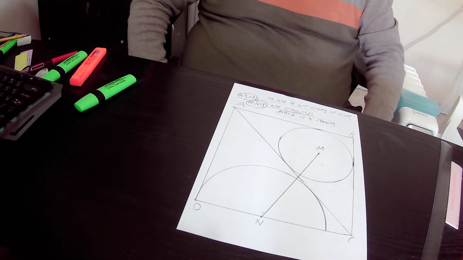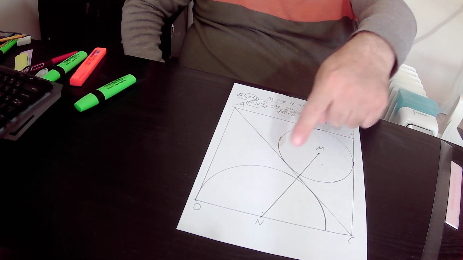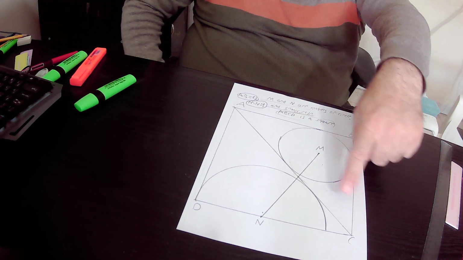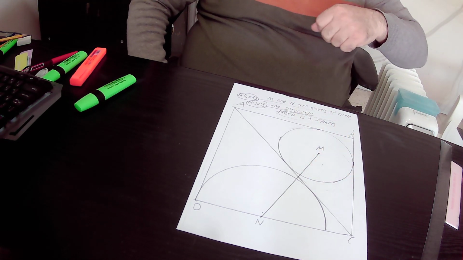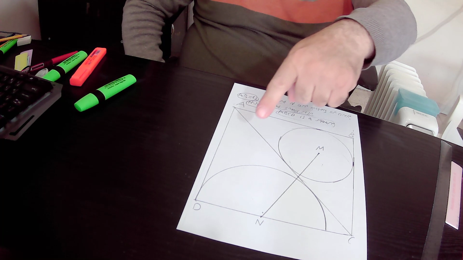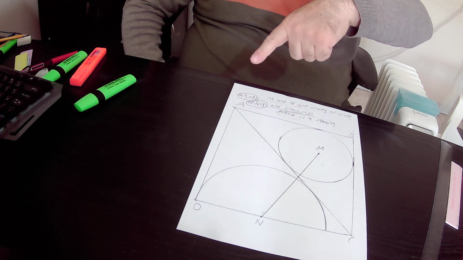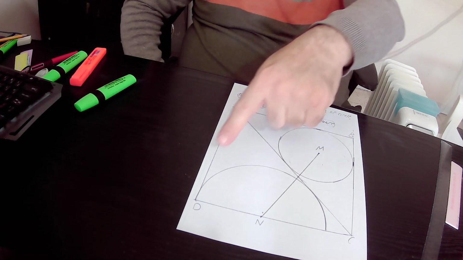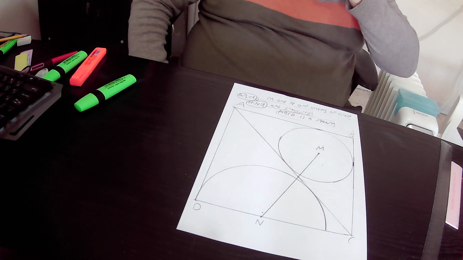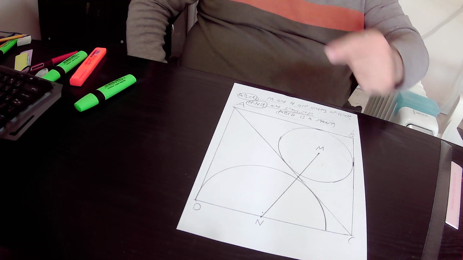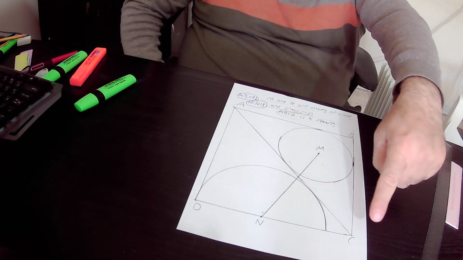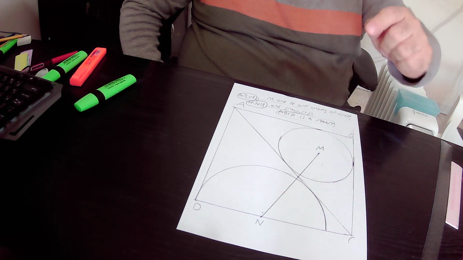And we have also a semicircle. The semicircle is tangent to diagonal AC at this point, and the semicircle is also tangent to this square at point D, and it also touches DC at this point.